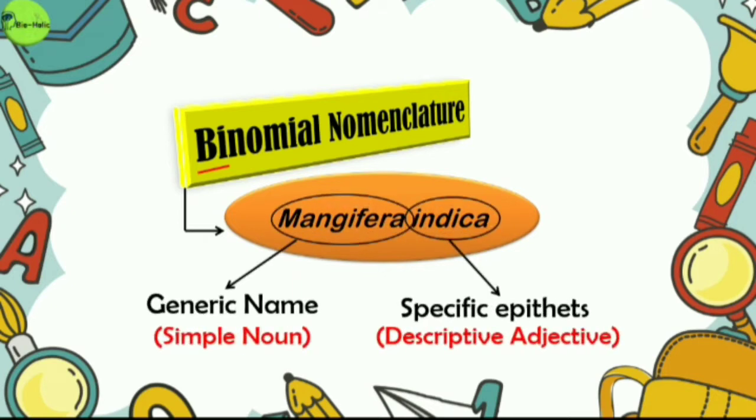where Mangifera is the generic name which represents the genus and indica is the specific epithet which represents the species. Now the generic name should always be a simple noun and the specific epithet should always be a descriptive adjective.